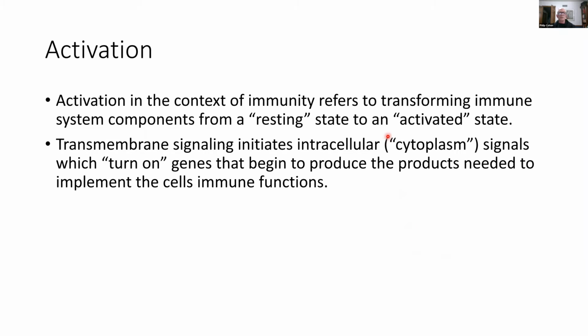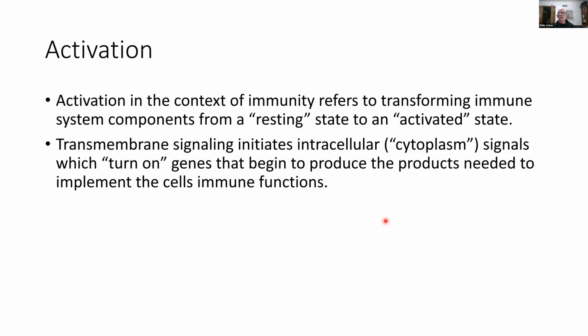And activation is just a name that many of the cells in the immune system are in a resting state where many of the processes that they need to be functional are not activated. And so when the immune system is activated, it means that they are activated.